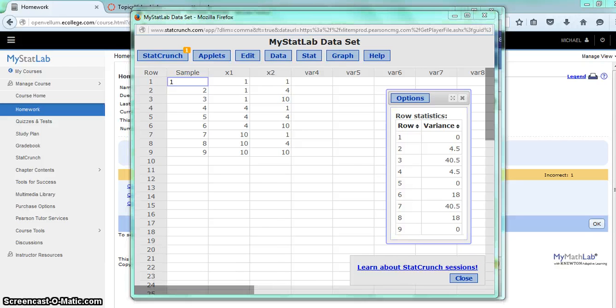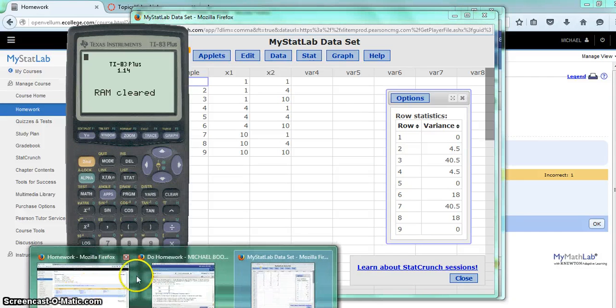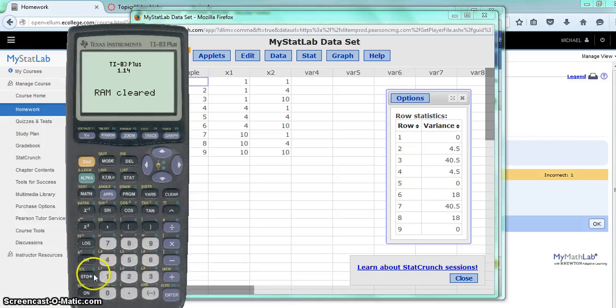So let's just do that with a calculator. So we had 3 zeros. I'll put 1. We had 2 4.5s. We had 2 18s. And then we had 2 40.5s. And let's divide that by the number that we had, which I believe was 9.